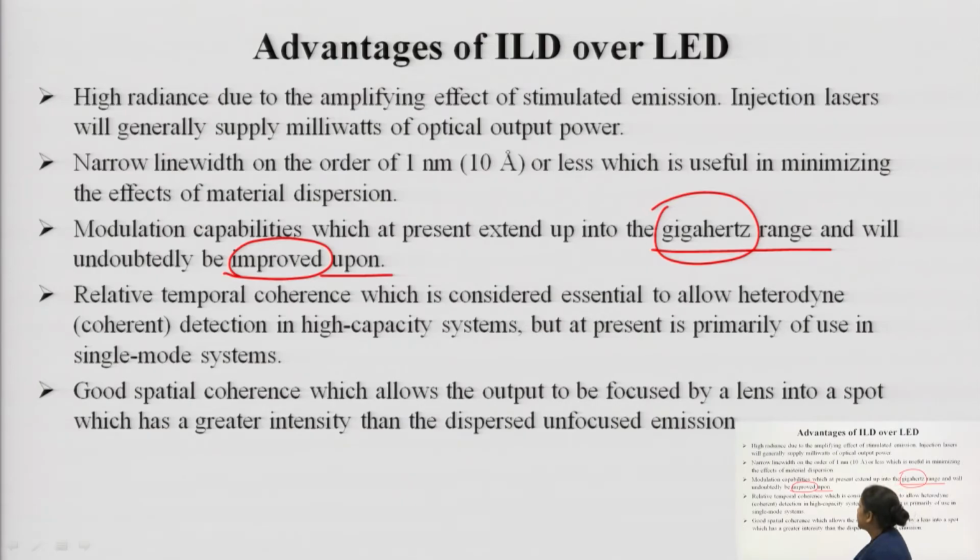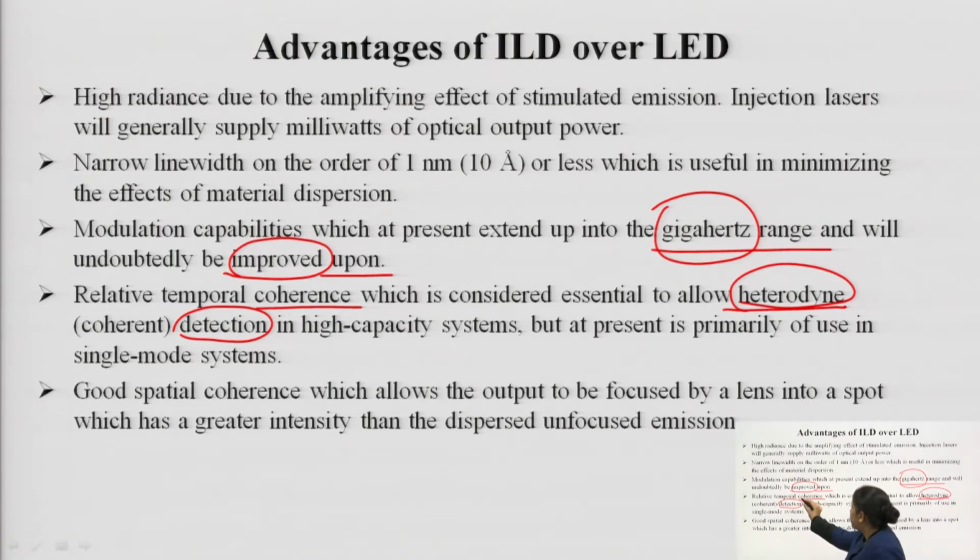Relative temporal coherence, which is considered essential to allow heterodyne detection in light capacity systems, is primarily of use in single mode systems. Coherence is a very useful phenomenon for heterodyne detection. This is one of the detection mechanisms. We will study about it when we study the detection mechanisms in the case of optical fiber, in the coming slides and lectures.